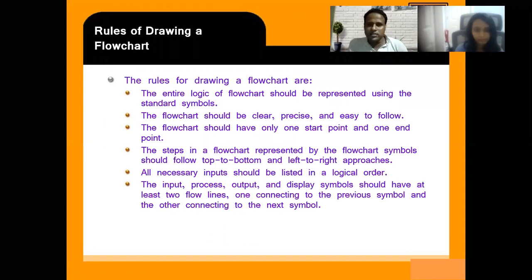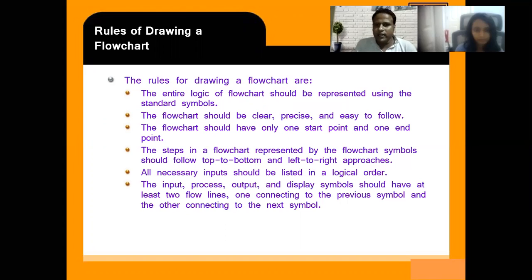The entire logic, meaning the steps that you want to define, is represented using standard symbols. So you have to use standard symbols. The flowchart should be clear, precise, and easy to follow.